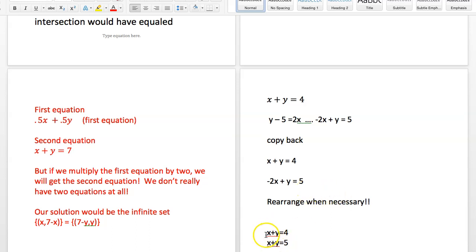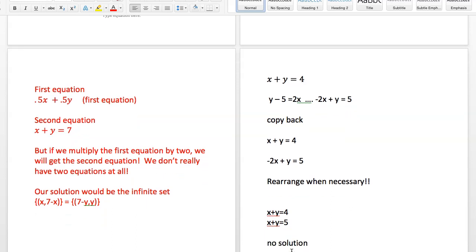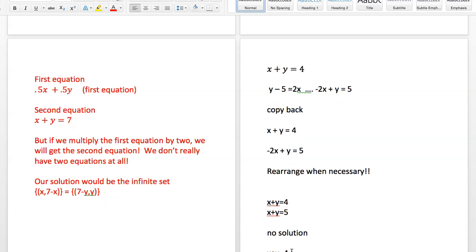Because you can't have x plus y equals 4 and x plus y equals 5 at the same time. You have the same left side equal to two different right sides. No solution.